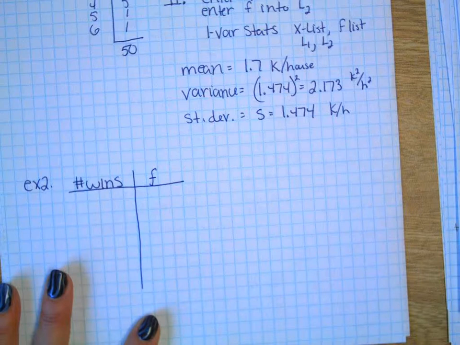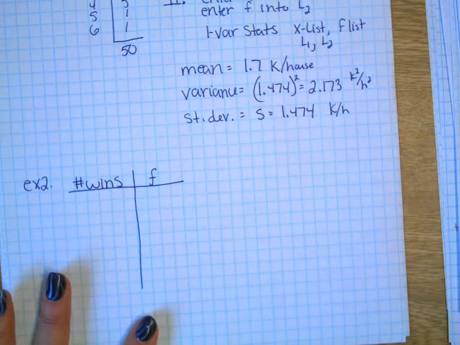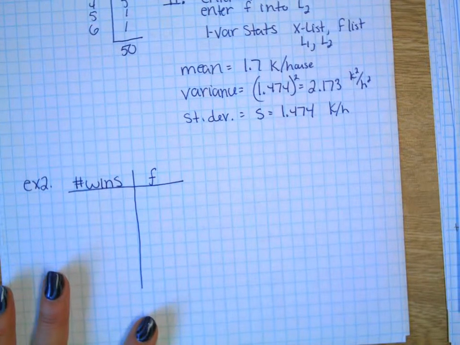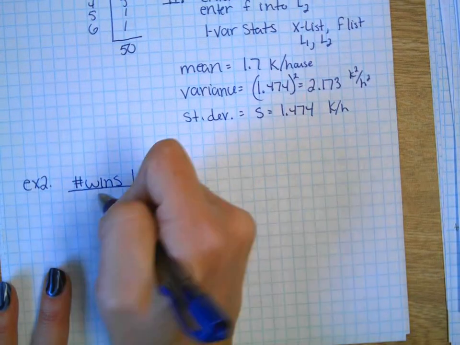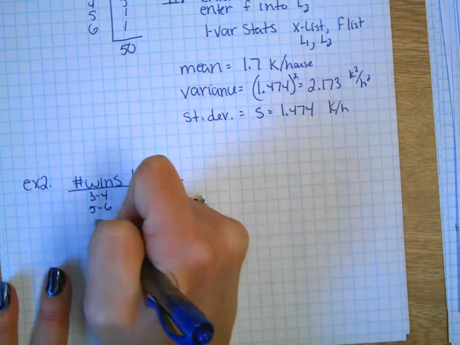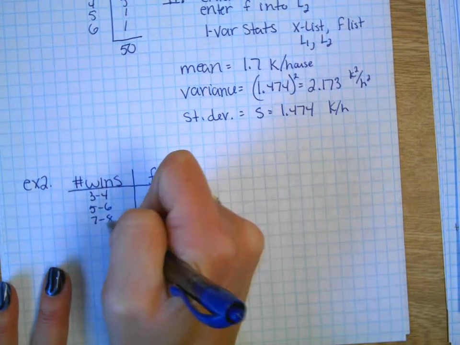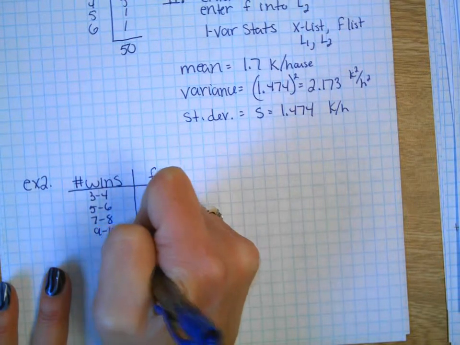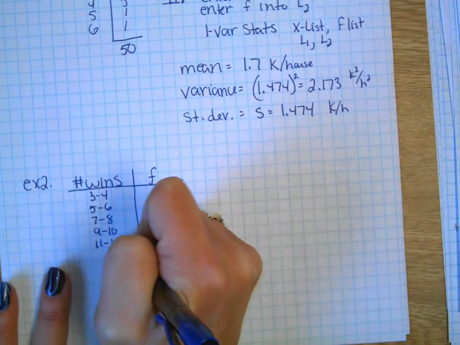I said there's only one. I lied, there's 2. They've got it grouped though. 3 to 4 wins. 5 to 6 wins. 7 to 8 wins. 9 to 10 wins. And 11 to 13 wins.